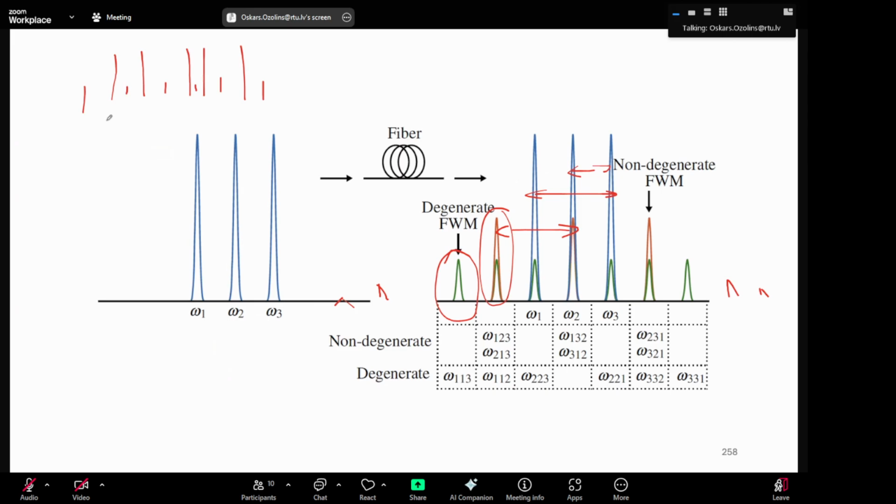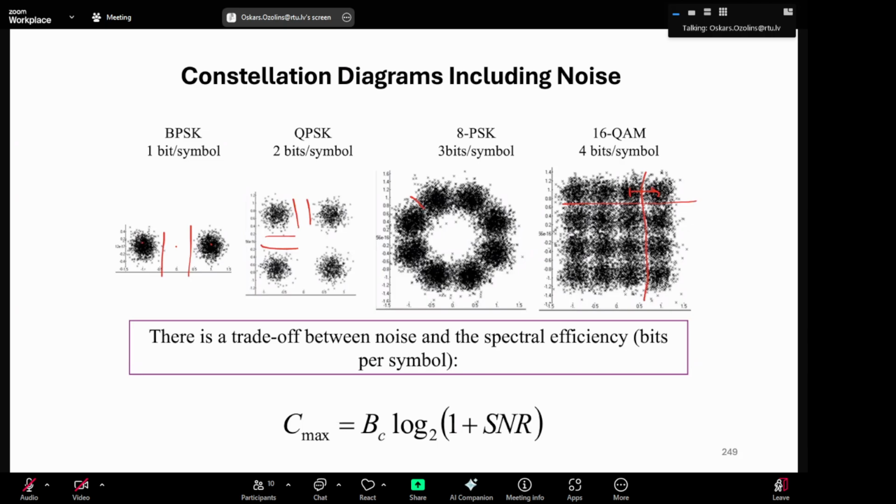Right. So that's another impact, and this is quite critical. These nonlinear effects are limiting capacity in standard single mode fibers. Like we were looking at this equation which sets the capacity in the linear case, so you're limited by noise.